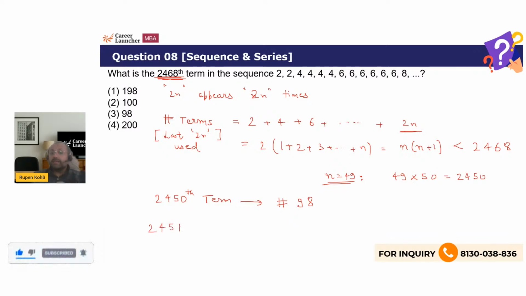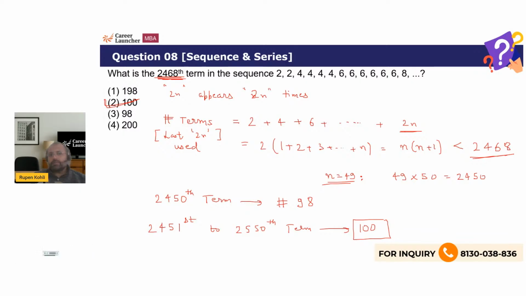For the next 100 terms, from the 2451st up to the 2550th term, all of these terms are going to be 100. Therefore that's my answer, because 2468 lies in this range. There goes my answer, right? This is also a very unique question of sequence and series. This is how we handle it.